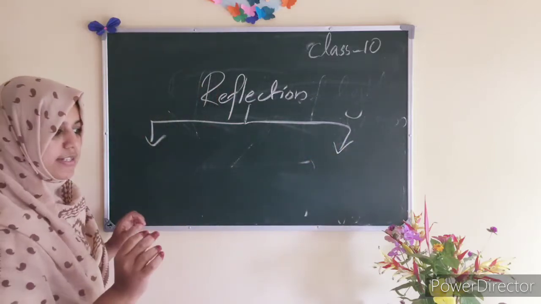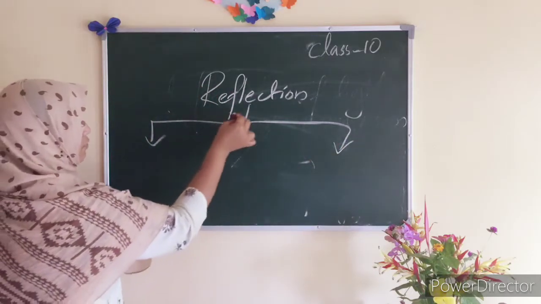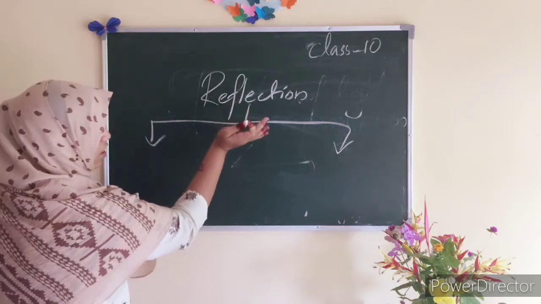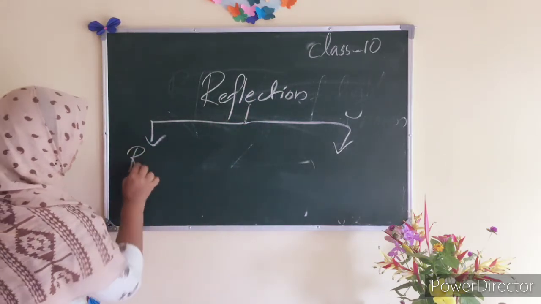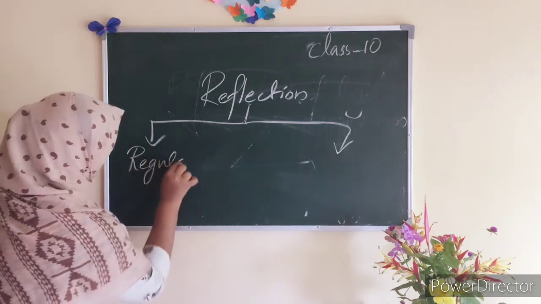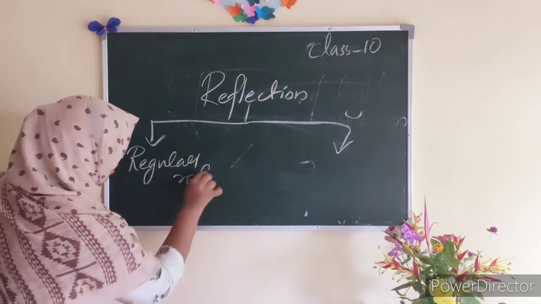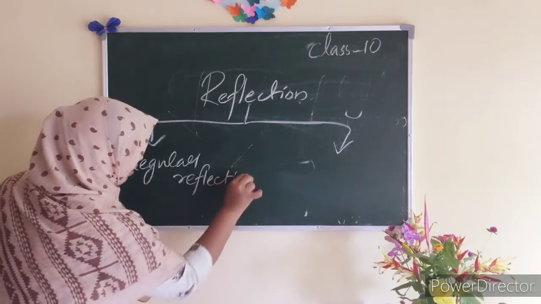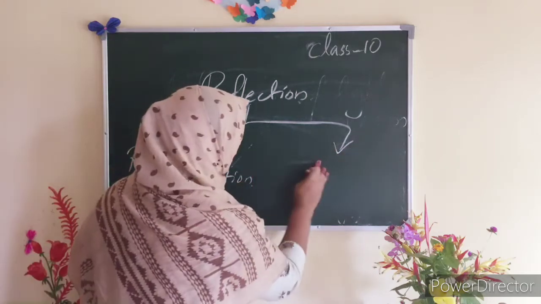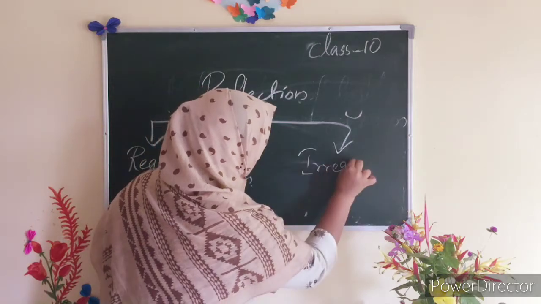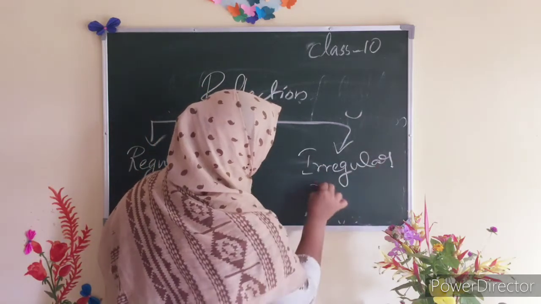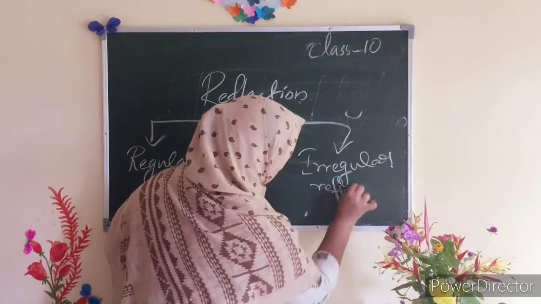Very important points are being told here. First of all, reflection of light is divided into two types: regular reflection, and the second one, irregular reflection.